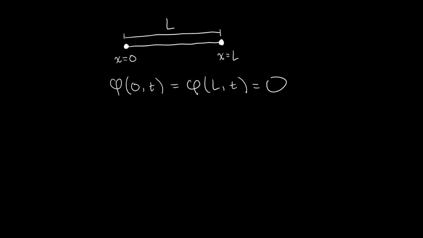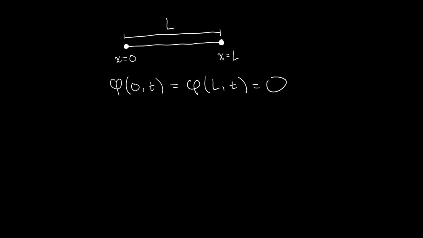Okay, so the fact that these can't move means that the amplitude, like before, has to always vanish at each of these points. So we'll call this point x equals 0, call this point x equals L. And so again, we just get a certain set of boundary conditions that we impose on our solutions to the wave equation. So this just means that at each of the endpoints, amplitude has to vanish.